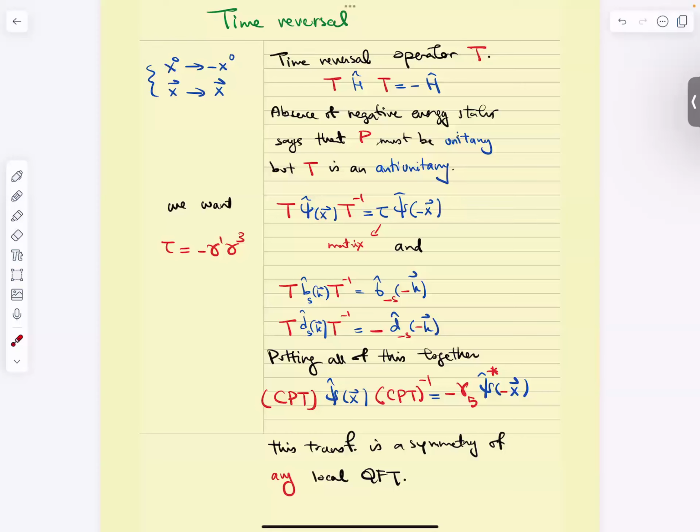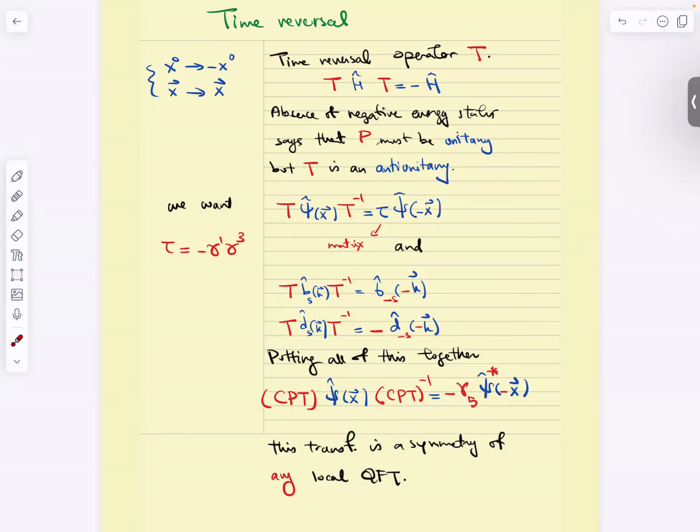The reason I write it in this language is that I want to look at its action on the creation and annihilation operators for the particle and antiparticle. What T does is that it flips the sign of k and flips the spin for the particle. For the antiparticle, it does the same thing, but with an extra minus sign.